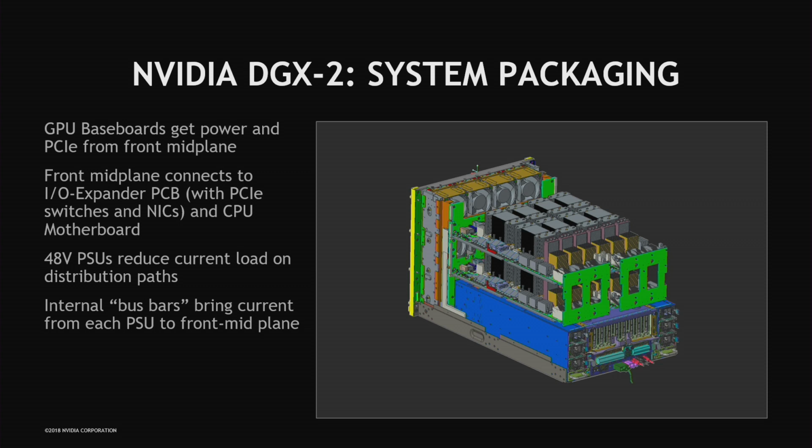In order to cut down on currents running through it, because they're pretty high, we ended up switching from 12-volt power distribution to 48-volt power distribution. Even at that, there's a lot of current, so we actually have copper bus bars here. That's this L-shaped structure here to get current from the power supplies up to the mid-plane.